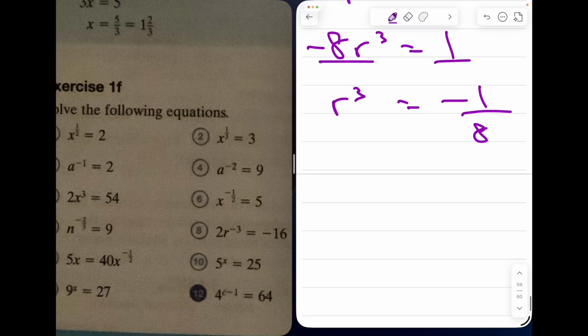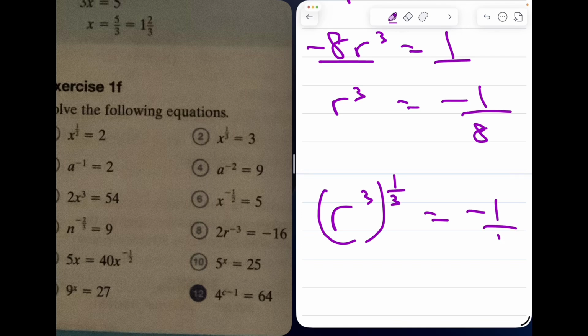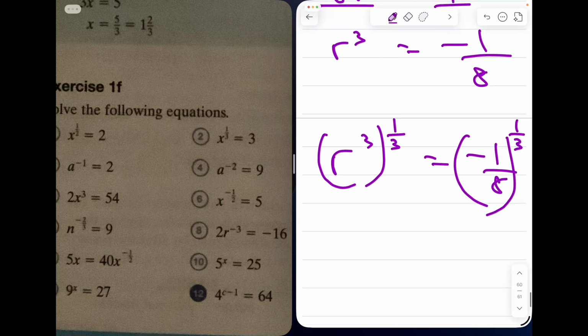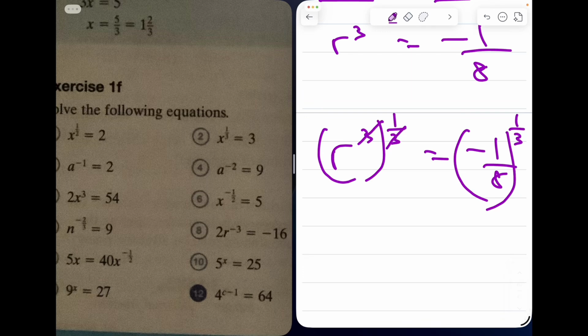Now, that means r raised to power 3, I'm raising both sides to a power that is the reciprocal of this 3. So r raised to power 3 raised to power 1 over 3 will be equal to minus 1 over 8 raised to power 1 over 3. And this simply means 3 here 1, 3 here 1.